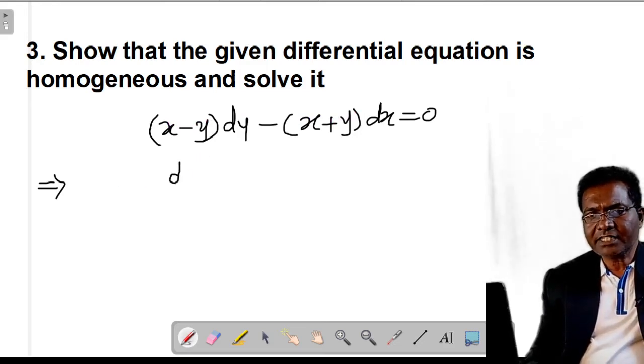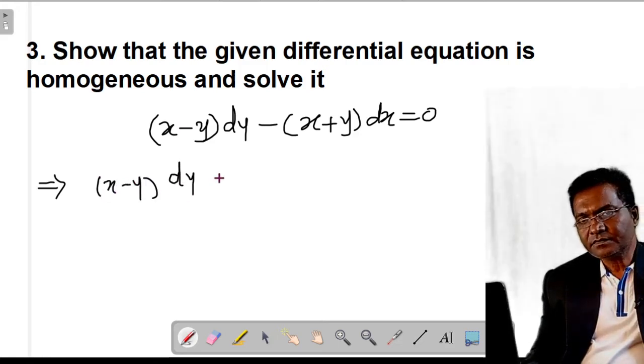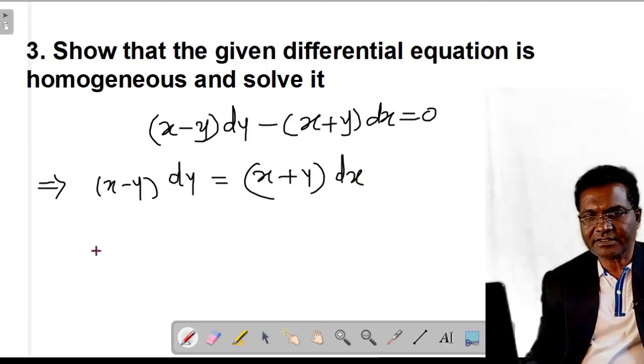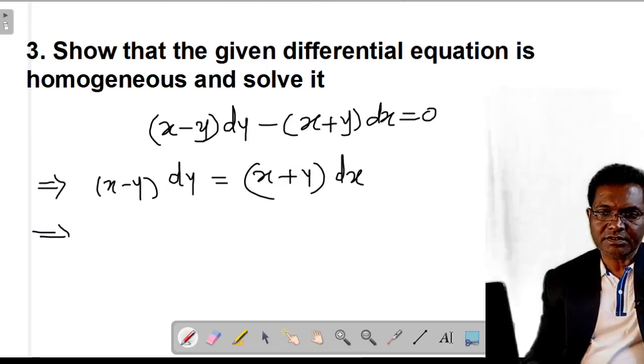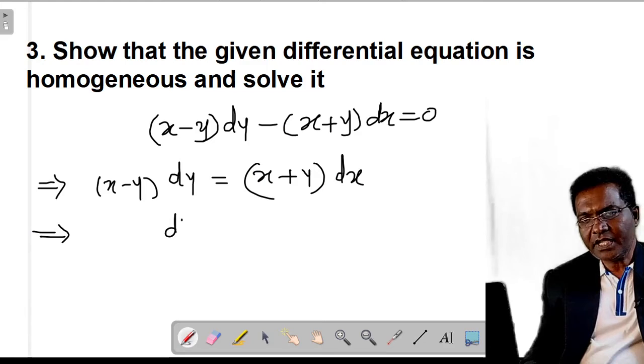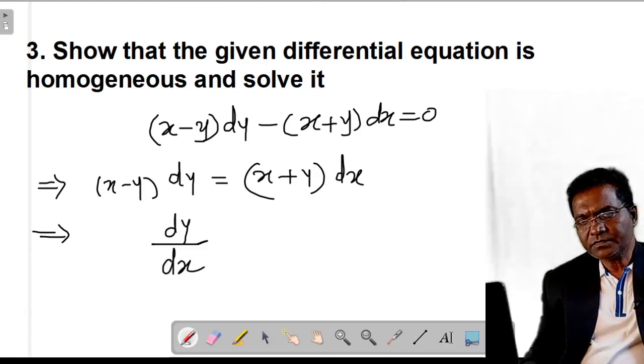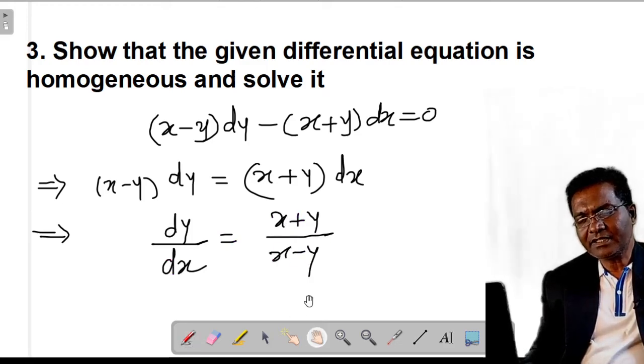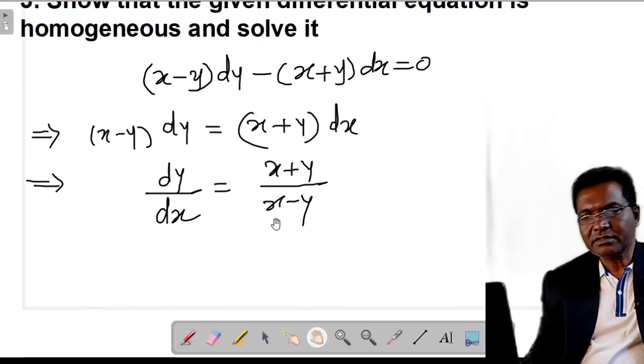First you have to express it as (x minus y) dy is equal to (x plus y) dx. You can transfer this side. So dy by dx is equal to (x plus y) by (x minus y).